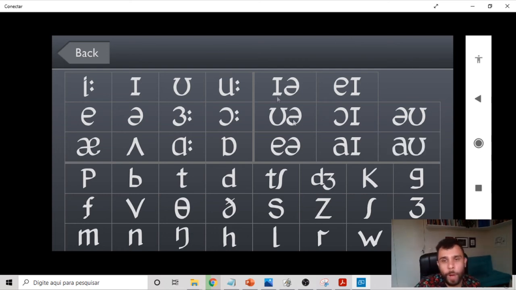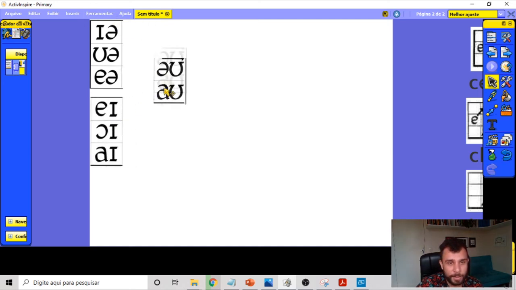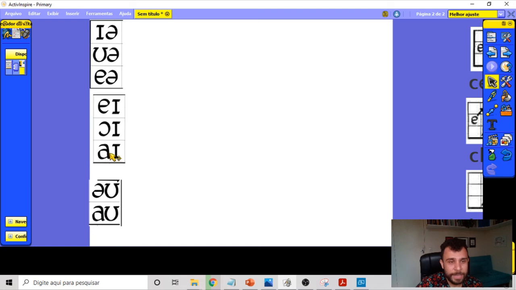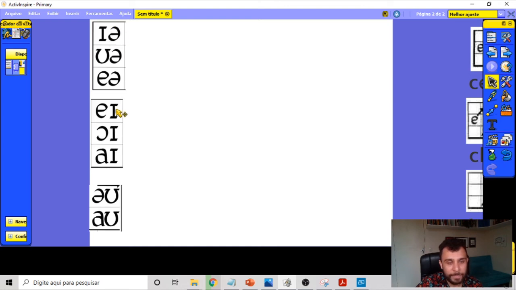Let's understand why they are organized this way. Here you have the three columns, and they are organized this way because each of these columns has something particular. In the first column, all of the diphthongs end with the schwa sound. In the second column, all of the diphthongs end with the sound e. And in the last column, all of the diphthongs end with the sound o.